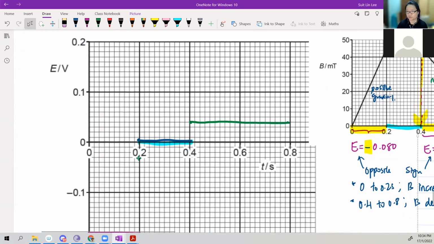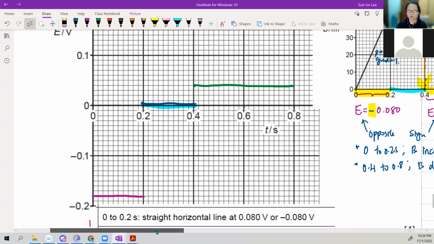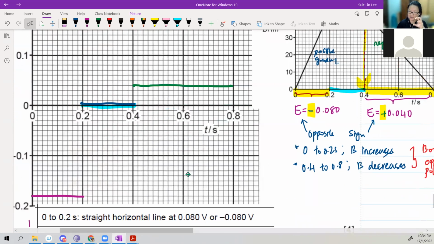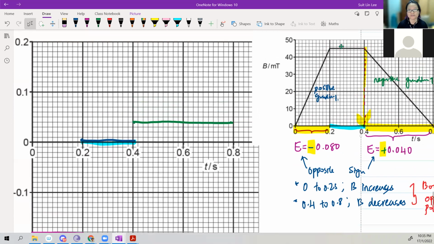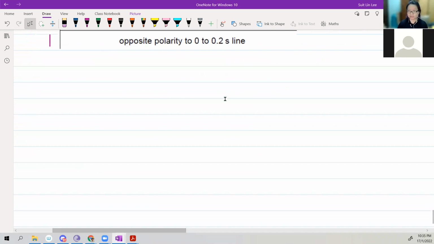The graph would naturally, as an extension, sort of begin to make sense. But the whole overarching idea, if I zoom out, is changes. Changes in flux causes EMF. No change, no EMF. Oh, then no change, constant, then no EMF.